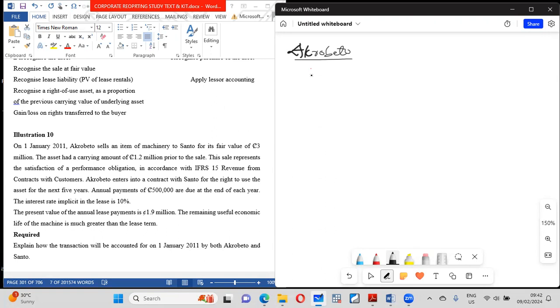He sold for 3 million, right? We say recognize the sale at fair value. But we have to remove the asset from our books too. Yeah, so basically that is it.